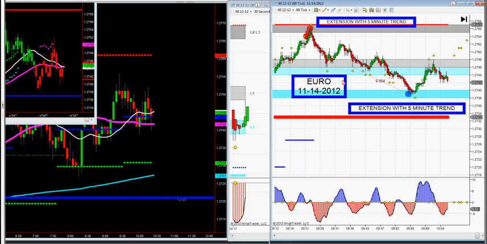And then I like to have one chart that is not with trend. I have the trend filter toggled off so I know when extensions are firing on a counter trend trade, to let me know when possibly to take my position off if I'm at a major extension level or a possible counter reversal. The best follow-throughs will be with overall extension with trend.